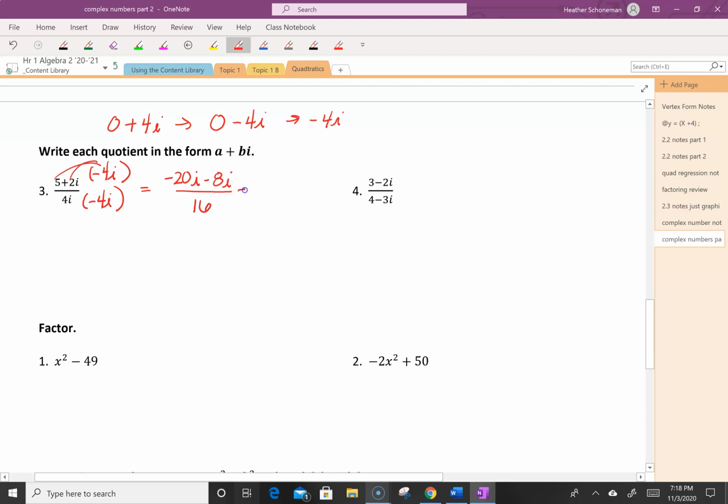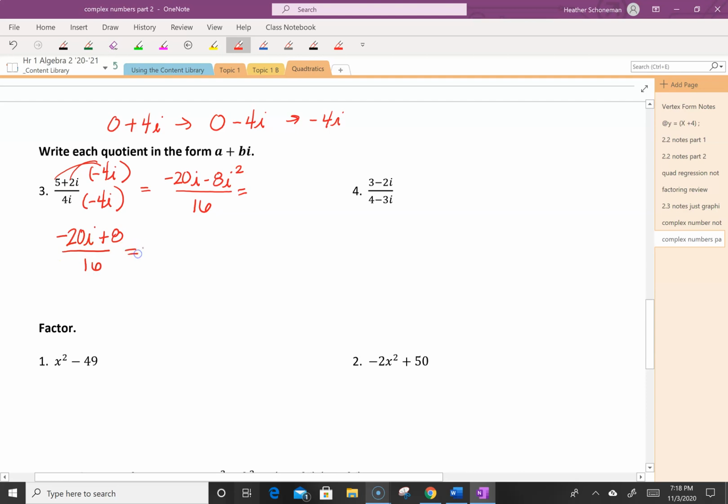On the top, I need to simplify this further. Negative 20i minus 8i. Oh, shoot. This is not 8i. This is 8i squared. Okay, so I apologize, that gives me negative 20i, negative 8i squared. Well, i squared is negative 1, so now it becomes positive 8 over 16.